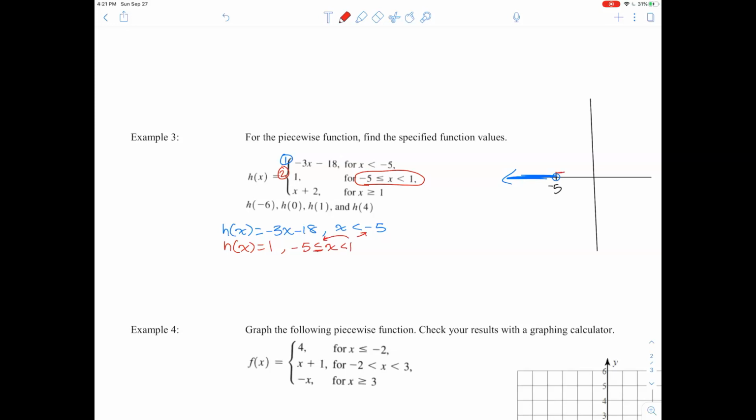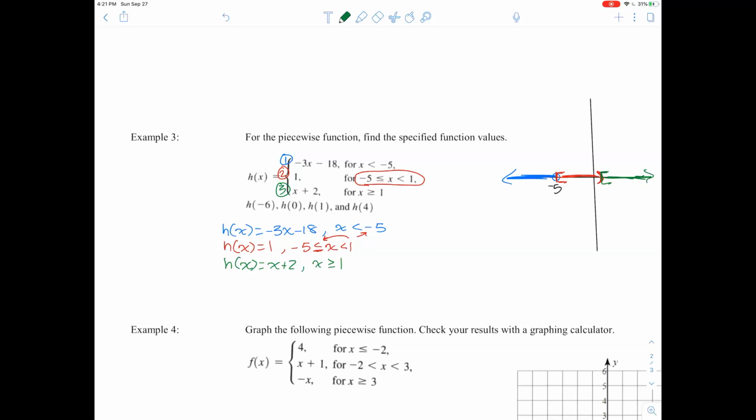So that means it would be between here and here. That would be where I would graph that piece of the function. Okay, and then the last one I'll do here in green. So this would be h of x equal to x plus 2, but only over the domain where x is greater than or equal to 1, so that would be a bracket there, going left to right.